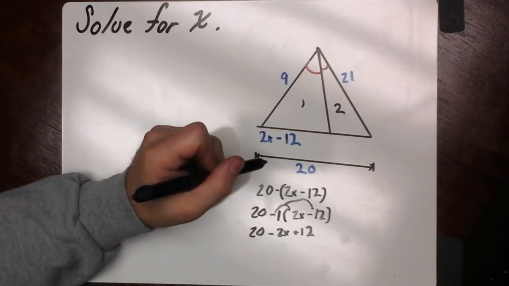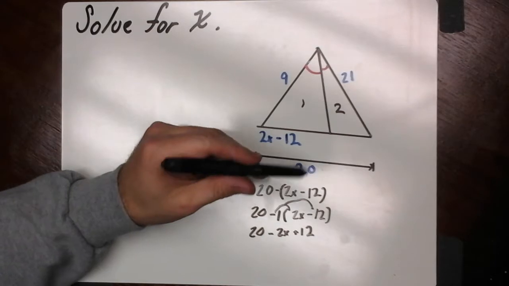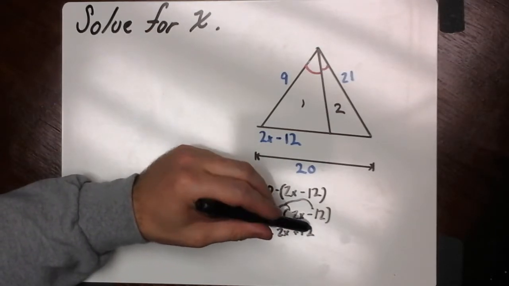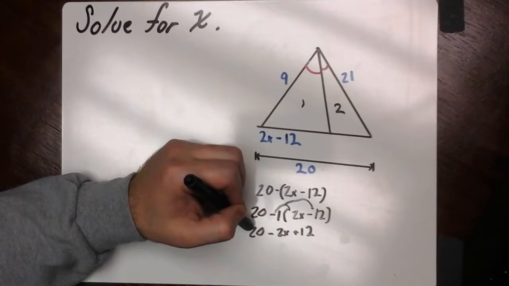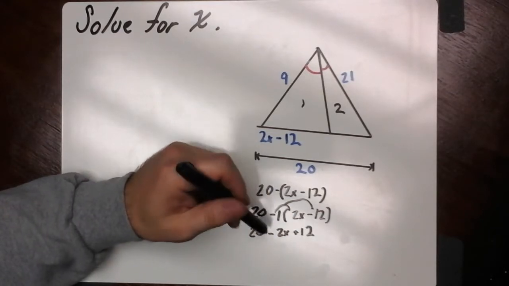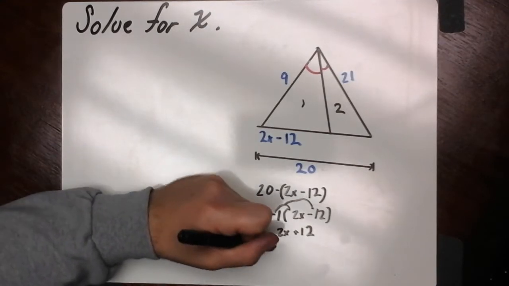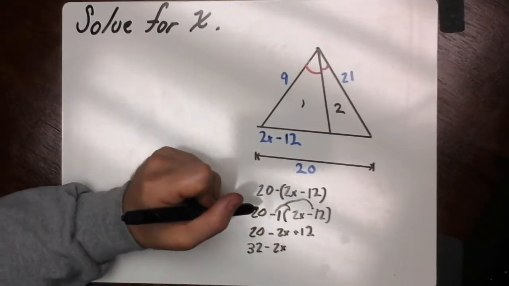Then I'm going to look for like terms. Well, the 2x has no like terms because the other two terms do not have x's in them. But I can combine these two. So I can combine to get 32 minus 2x.